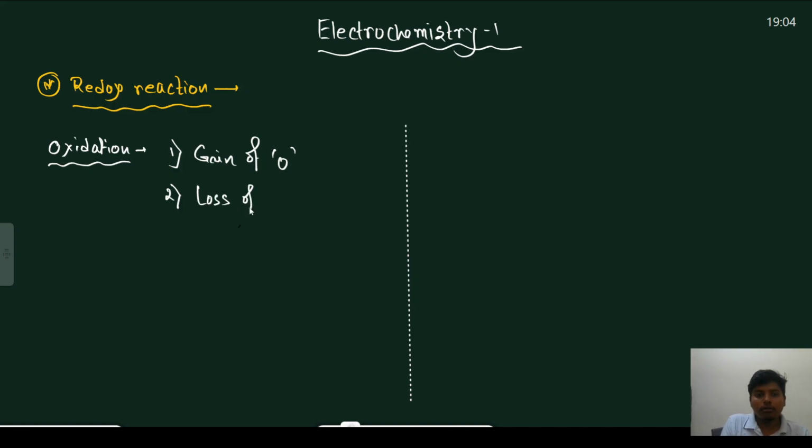Any reaction where there is gain of oxygen or loss of hydrogen is called oxidation. Or loss of electrons is also known as oxidation.